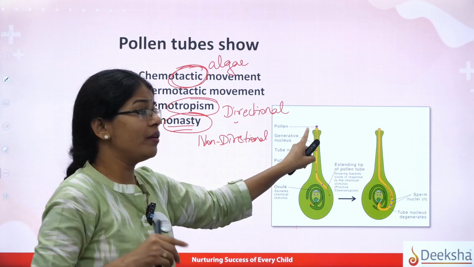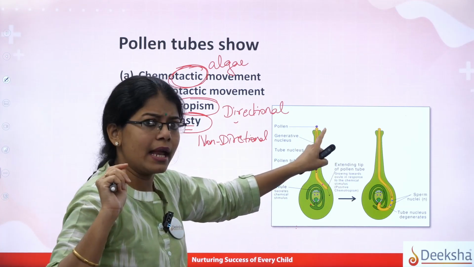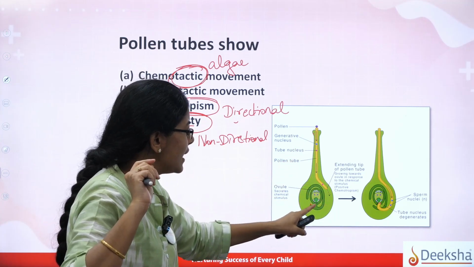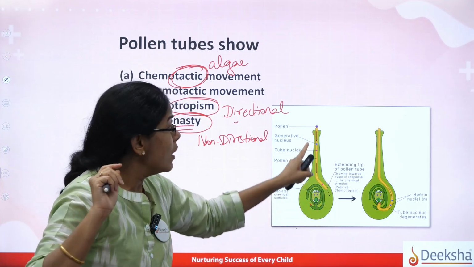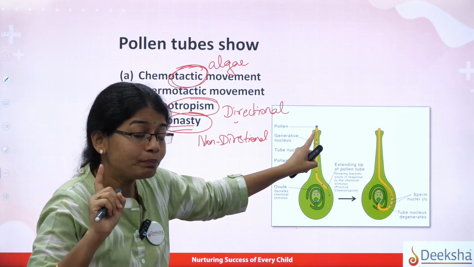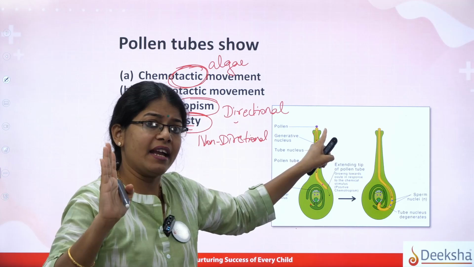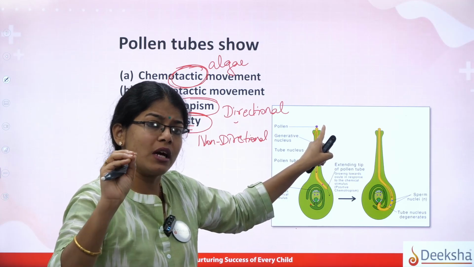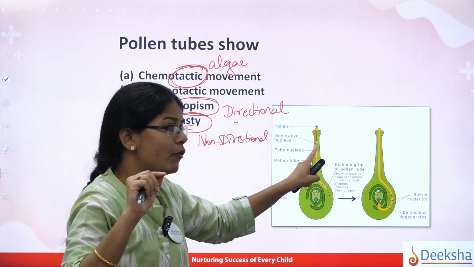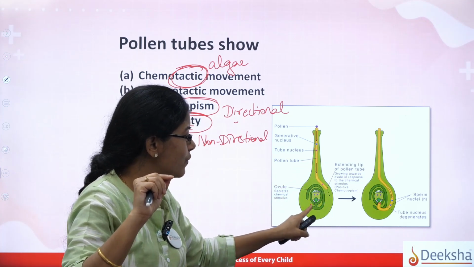So the egg cell would be present here, and now it is the time for the pollen grain. Now look at this. Already the pollination has taken place, and now the pollen grain has to travel from the stigma and reach the egg cell. So slowly the pollen grain will form the pollen tube. Slowly this pollen tube starts forming, and it will help the two male gametes to be formed, and slowly the male gametes will be transferred here.